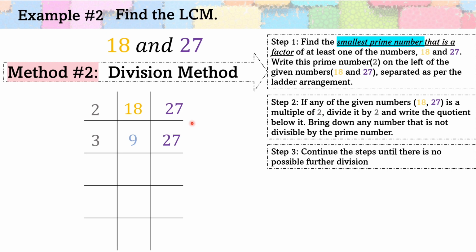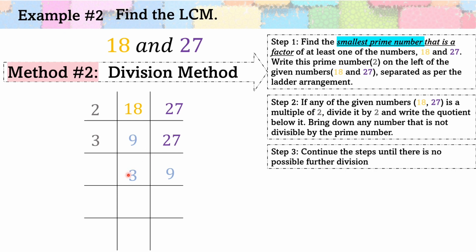So 9 divided by 3 is 3. Write the quotient below 9. 27 is also divisible by 3, that is 9. Write it below 27. Then continue the steps until there is no possible further division.